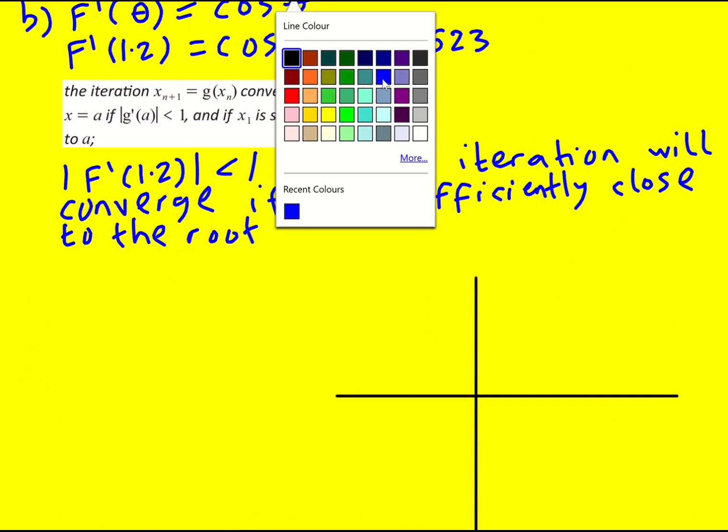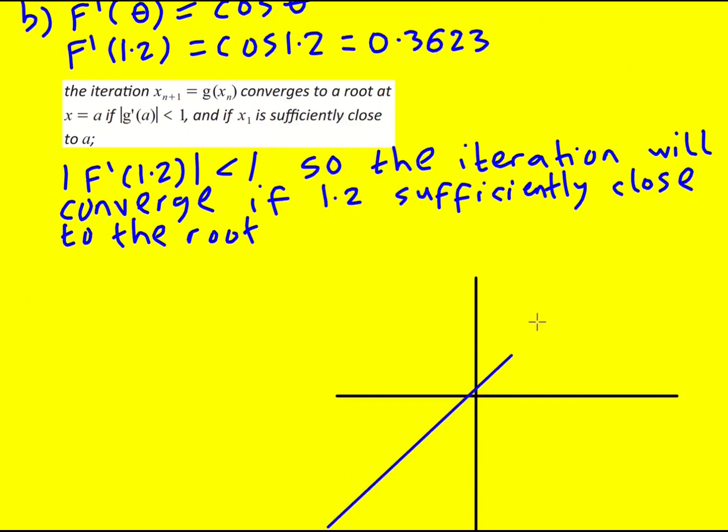So if I plot y equals x, which is the left-hand side, then it's just going to look like that. And I will plot 0.4 plus sine theta quite accurately. So it's going to start at 0.4 and it's maybe going to, actually maybe it should be a bit further down, sorry.